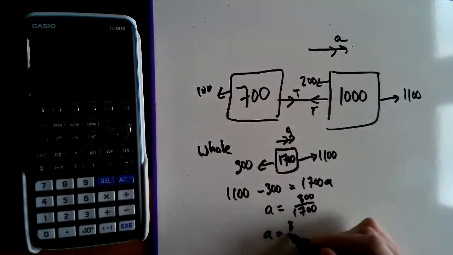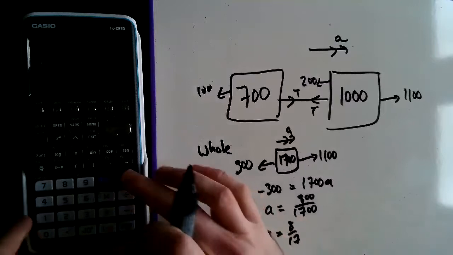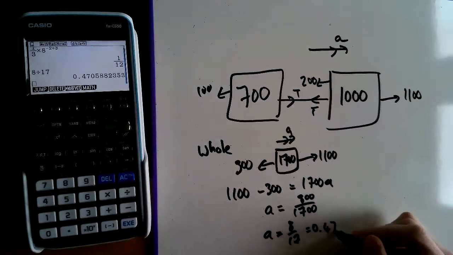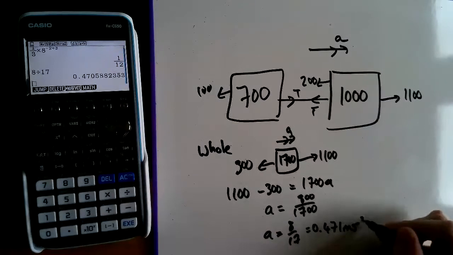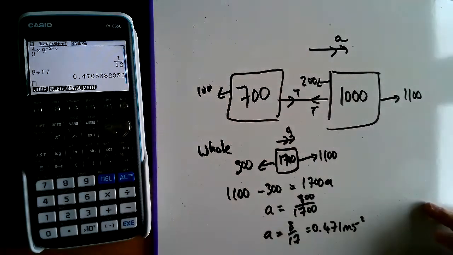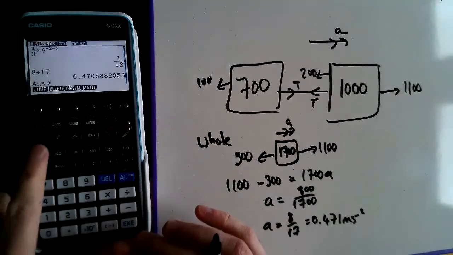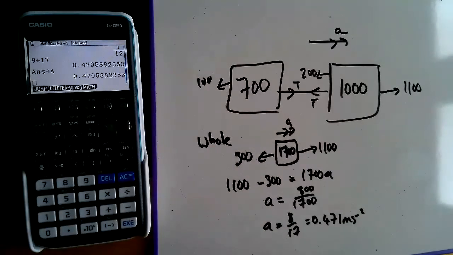So a is 8 over 17, or whatever that is in decimal. So 0.471 meters per second squared to 3 significant figures. Now I'm going to store that in my calculator, because I'm going to need it when I do the tension.